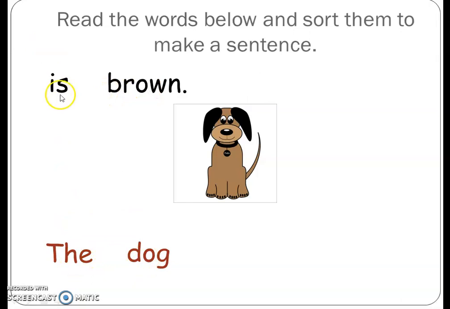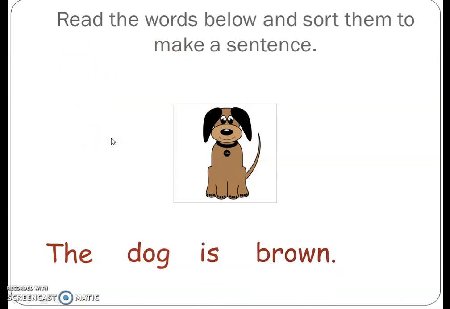The dog is brown. That makes sense. And there's a period at the end of the word brown. So we know that this word goes at the end of our sentence. The dog is brown. Let's read it one more time. The dog is brown. That makes sense. We have a capital at the beginning, period at the end, spaces between our words.